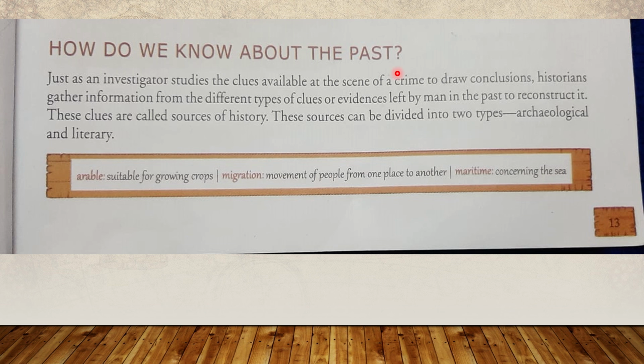How do we know about the past? Just as an investigator studies the clues available at the scene of a crime to draw conclusions, historians gather information from different types of clues. In the Indus Valley civilization you can see the remains they got as resources, and even learn who they were.